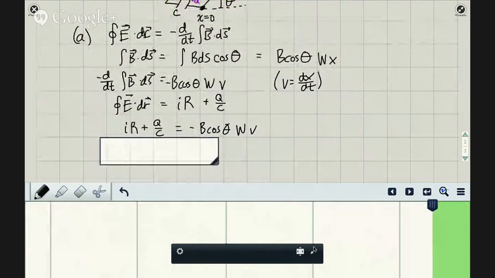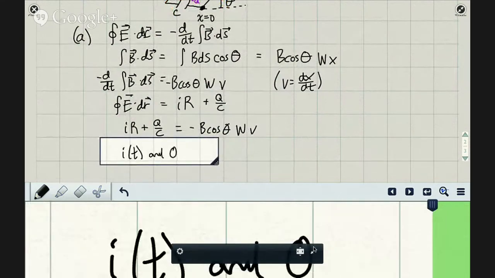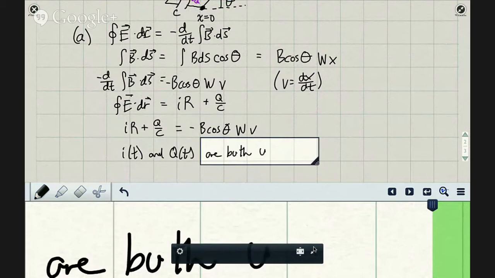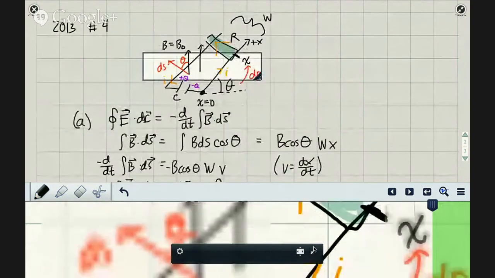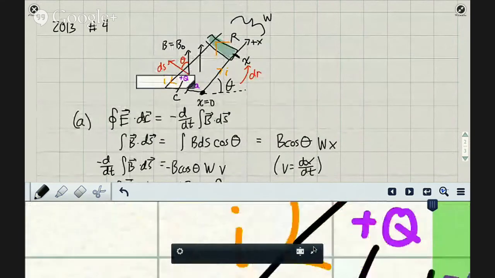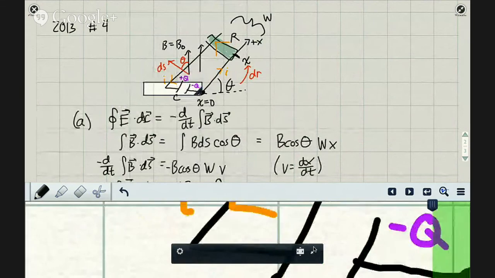Lastly, we have two unknown functions of time. I of t and Q of t are both unknown, and we just want to solve for Q of t. So we need a relationship between the two. The current is a little bit of charge going down these wires. Following this wire down, a little bit of charge dq all flows into this capacitor plate.